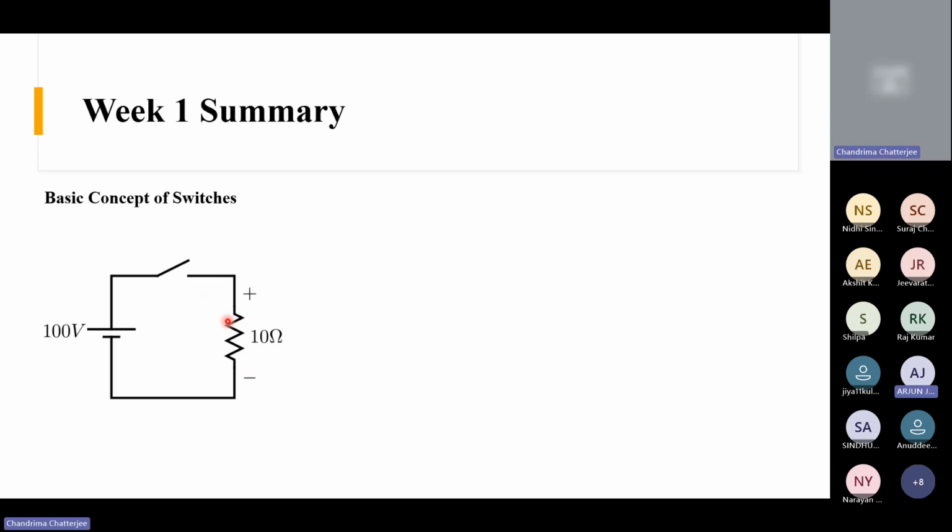As we already discussed the properties of the ideal switch, when we turn on this switch, the circuit will be complete, so the source voltage will provide current, and the current will flow through this circuit. And when we don't want any current, we can turn off this switch, and then no current will flow through this circuit without any extra loss, right?